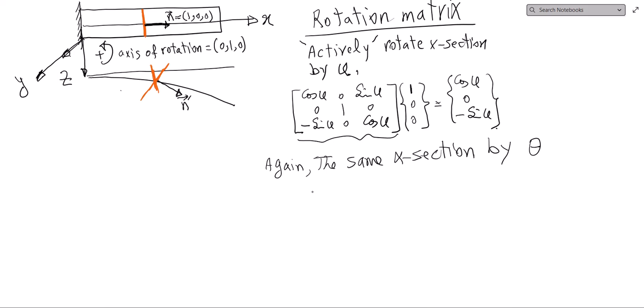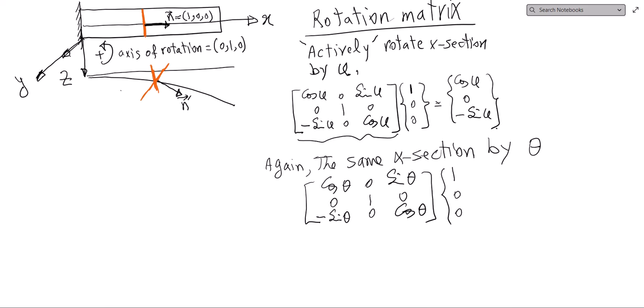And similarly, I will get cosine theta, 0, sine theta; 0, 1, 0; minus sine theta, 0, cosine theta. And again, I will transform my initial normal or unit vector, and I will get cosine theta, 0, minus sine theta.